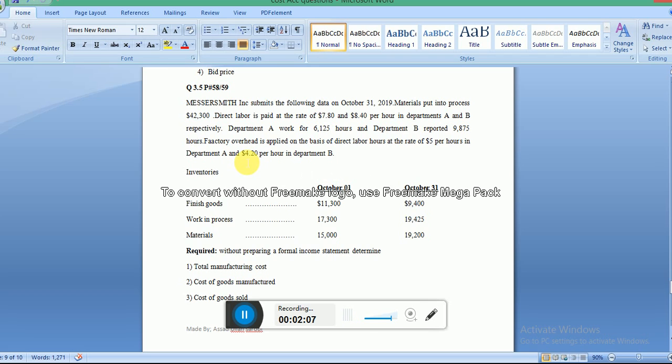Look at, in Department A, the number of hours is 6,125, and in Department B, the number of hours is 9,875.